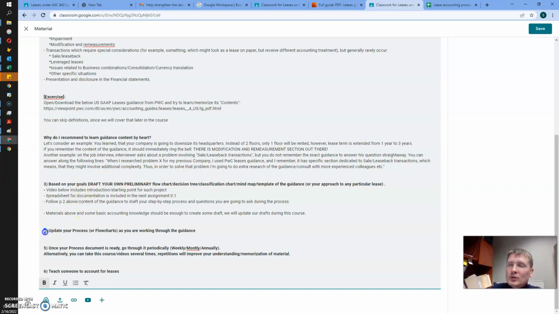Then, as we will go through that course, we will be updating that process. And when it's done, you will then go through it on your own to keep up your knowledge and to memorize it better. And as an option to get even better understanding of the leases, you can teach someone to account for leases.